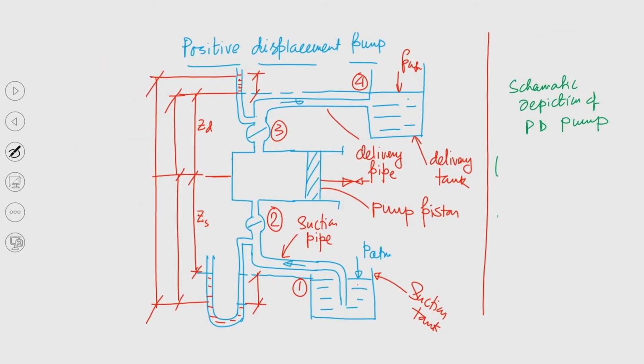That you can do. See, if you consider this is a control volume, I mean you know that we had discussed that in a positive displacement pump, the total mass that is taken during suction stroke should be discharged to the delivery tank during delivery stroke.